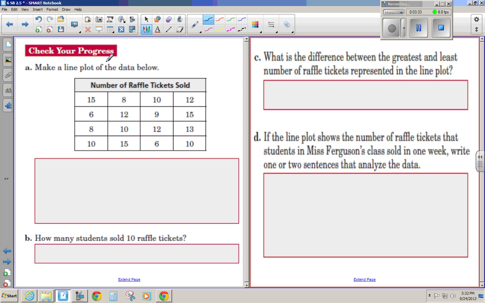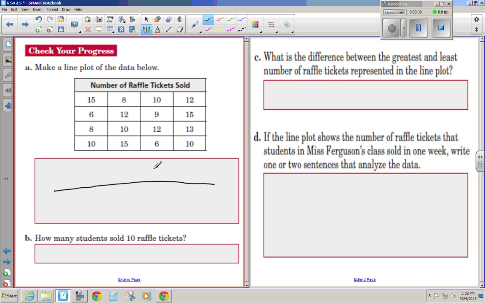All right, let's make a line plot of the data shown below. First thing, let's make a number line. The smallest number here is, I think, a 6. The biggest number looks like a 15.